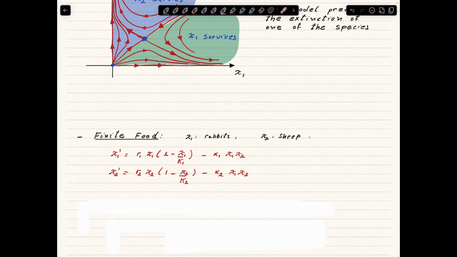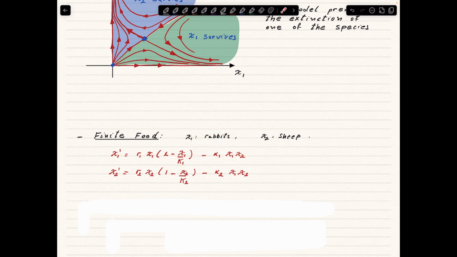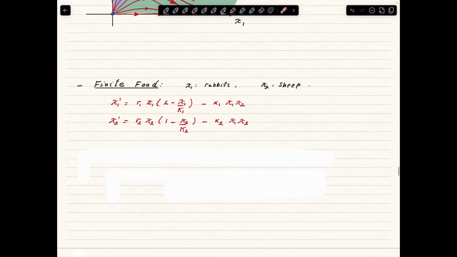When there are only sheep and no rabbits, the first equation disappears, this term disappears, and we have a logistic equation for the sheep. So same behavior. And now we have the interaction. So this is the model we want to study. The new constants we have introduced here, we already know from a previous video, K1 and K2 are carrying capacities.